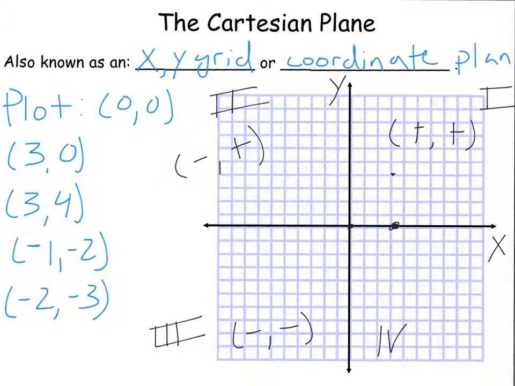And finally quadrant number 4, where the X coordinate is positive and your Y coordinate is negative. Now we've got 2 other points to plot here, -1, -2. Notice both coordinates are negative, and that takes us down into quadrant 3. And then -2, -3, same deal. That one is also down in quadrant number 3.